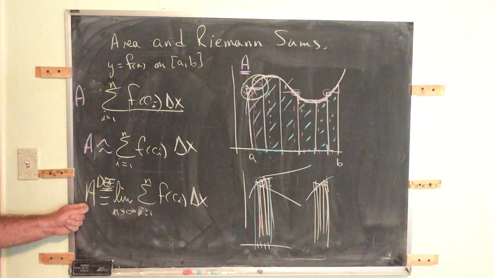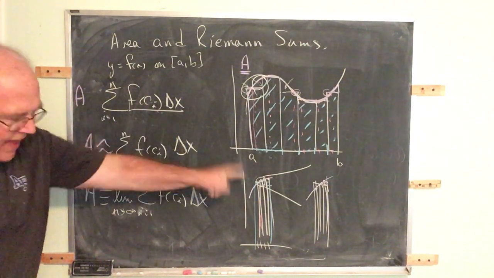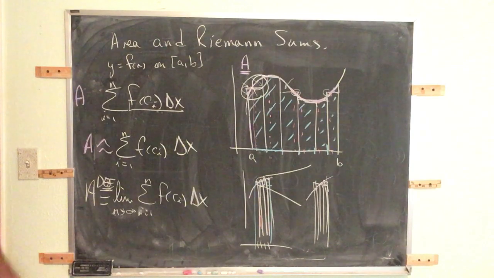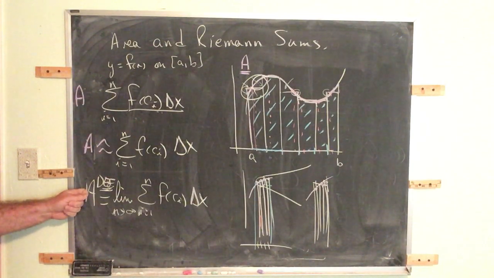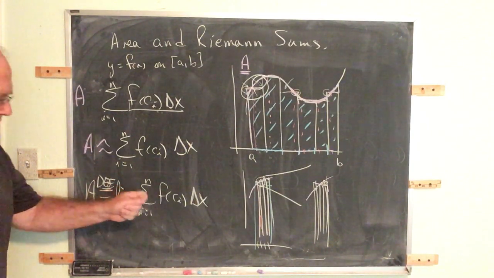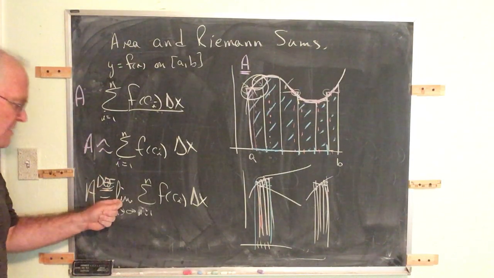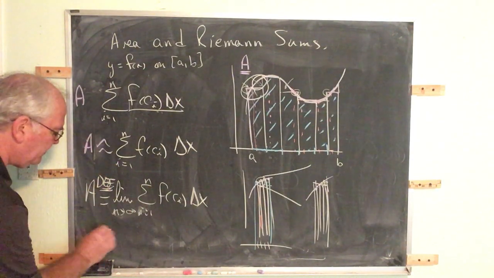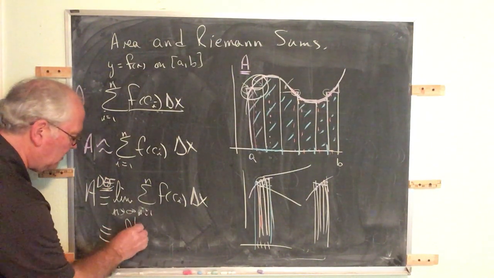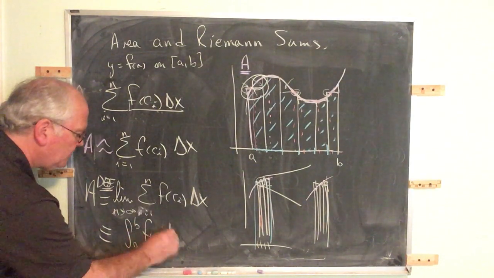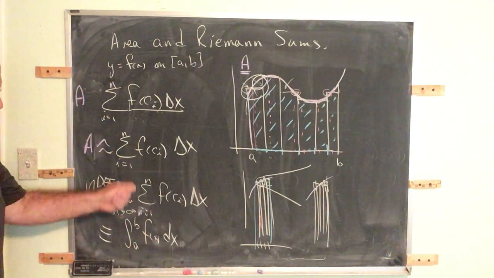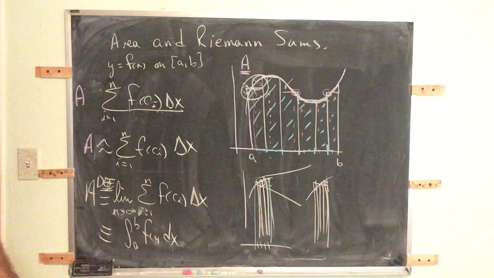The definition of the word area is that procedure, which means the definition of the word area is the limit of a Riemann sum, but the limit of a Riemann sum is the definite integral. And so the reason the area is equal to these things is because that's what the calculus requires.